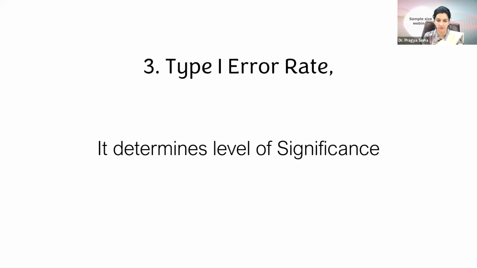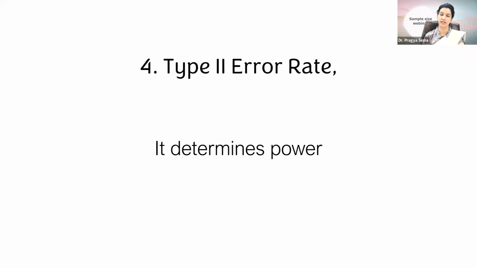Then we set the type 1 error rate, which is the alpha error. Usually we keep this error at 5%, but in many studies you will see that the authors or researchers keep it at 2.5% also. The third is your type 2 error rate. You generally fix it at 20%. That's why power is generally set at 80%, but you can have the power at 90%, 95%, or 99%, depending upon your need.